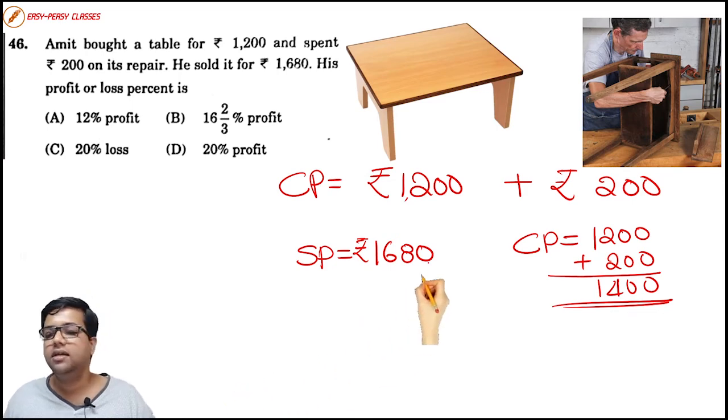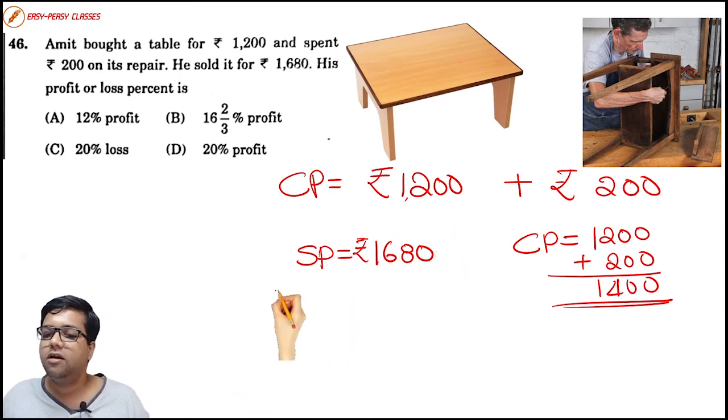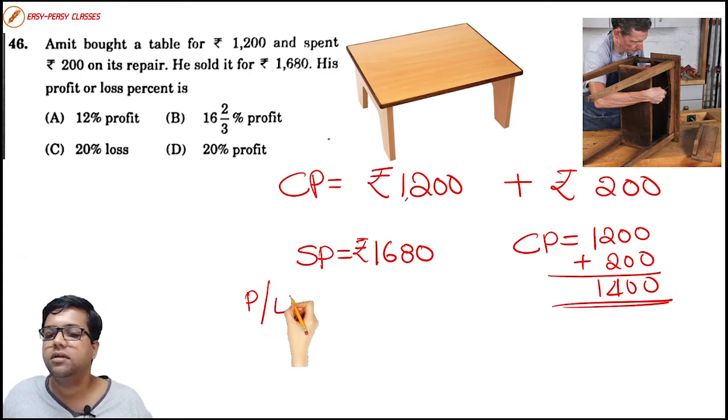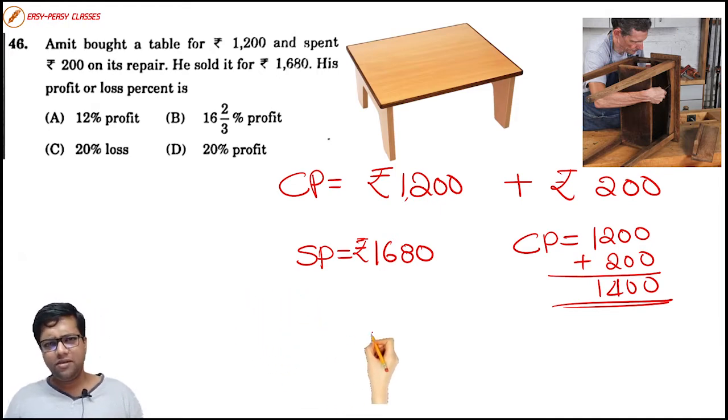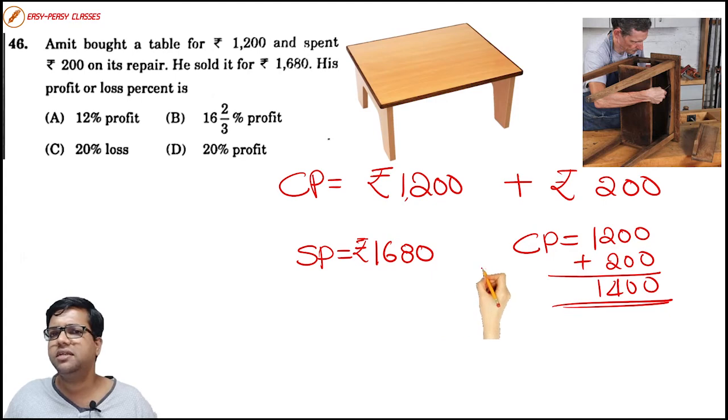So this is the cost price. Now he sold it for 1680 rupees. Can you tell me whether he made a profit or a loss by selling this table for 1680?